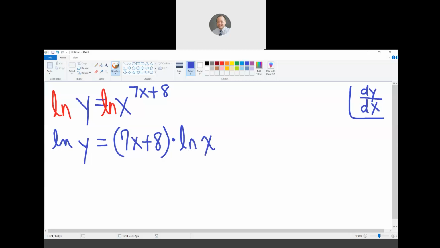Now we're ready to take the first derivative of both sides. The derivative of natural log of y is 1 over y. And because we're taking the derivative of y with respect to x, we include the ratio dy over dx.